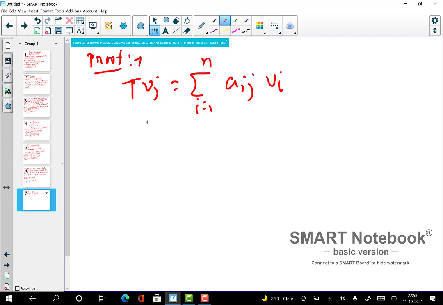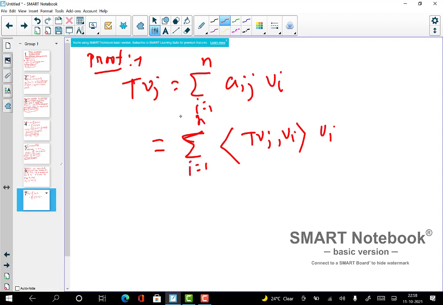But in this case, because you know the vi's form an orthogonal basis, this is obviously of the form the sum of inner product of Tvj with vi, times vi, i equal to 1 to n.